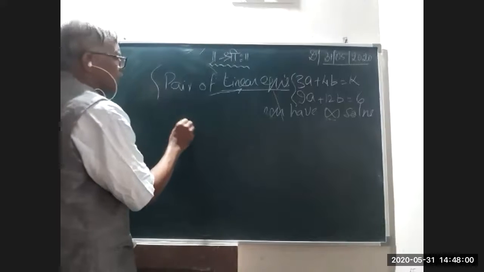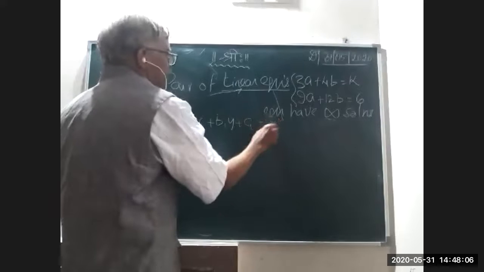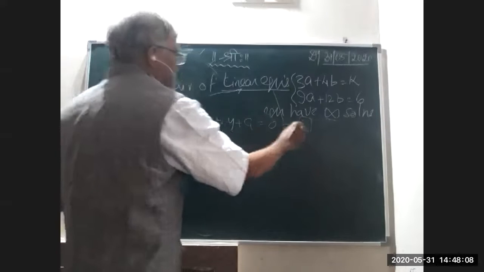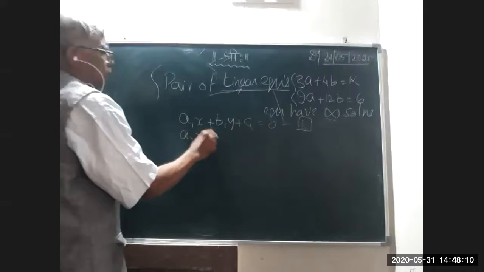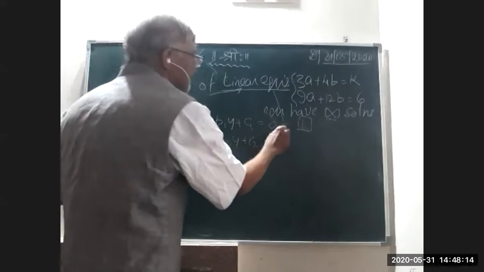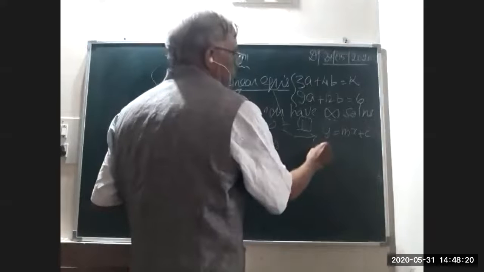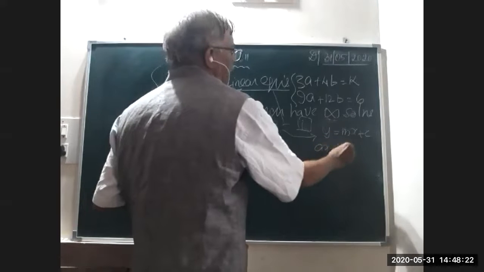For example, my equation is a1x plus b1y plus c1 is equal to 0, the first equation, and a2x plus b2y plus c2 is equal to 0. This is analogous to what we discussed today: y is equal to mx plus c, and also ax plus by plus c. All these are one and the same.